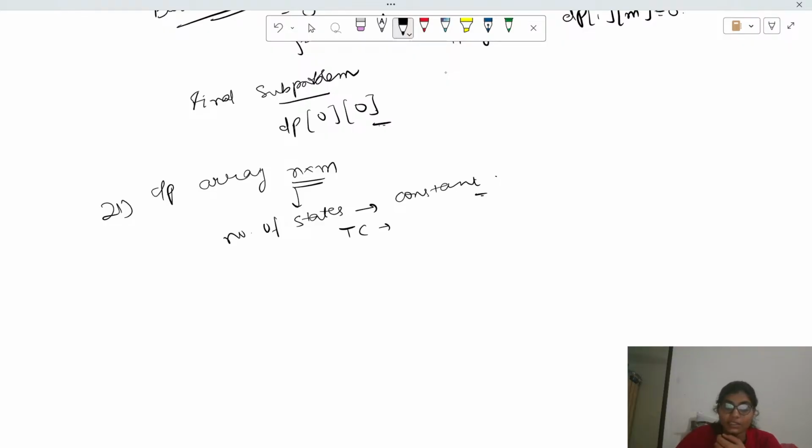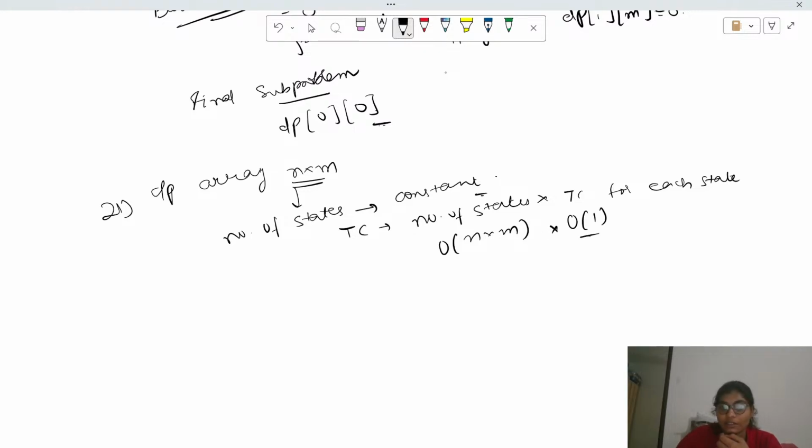So the time complexity will be the number of states times the time complexity for each state. The number of states is big O of n cross m, and the time complexity for each state is constant. So the overall time complexity is big O of n cross m, where m is also bounded by the constraints of n. So it is big O of n squared complexity, which is acceptable. So let's code this.